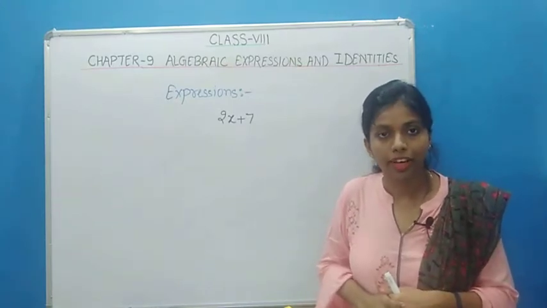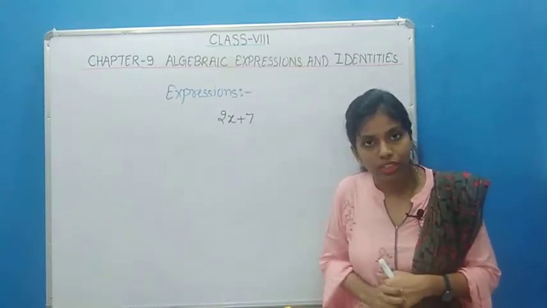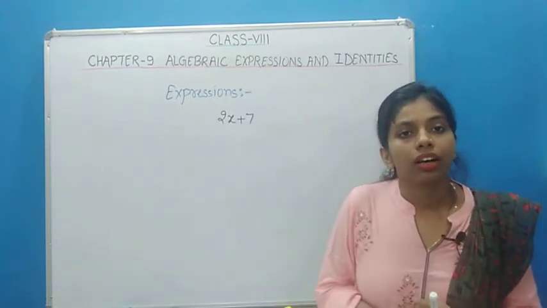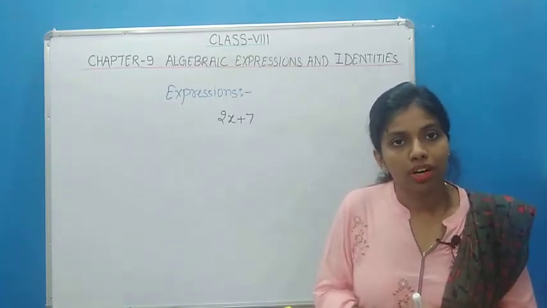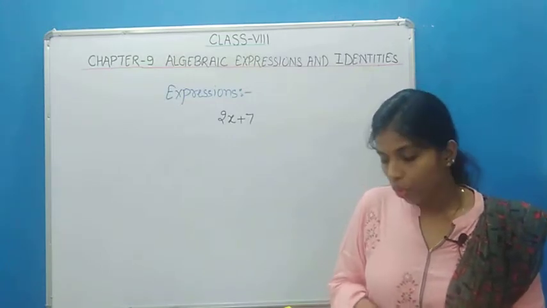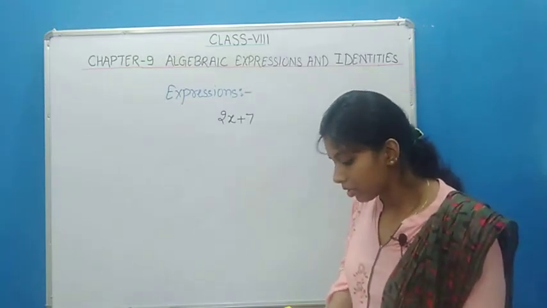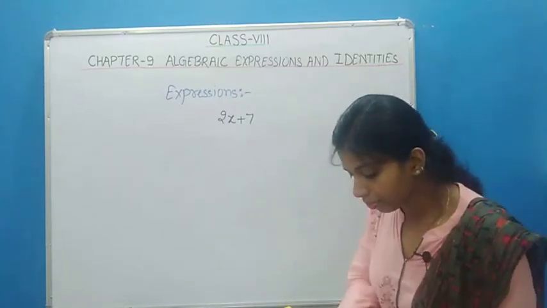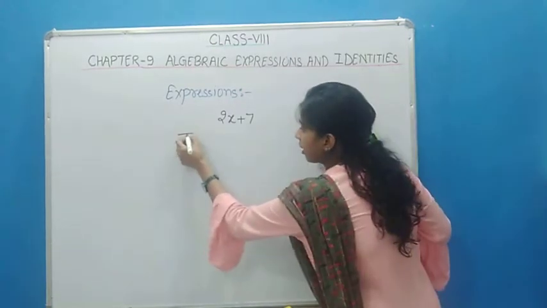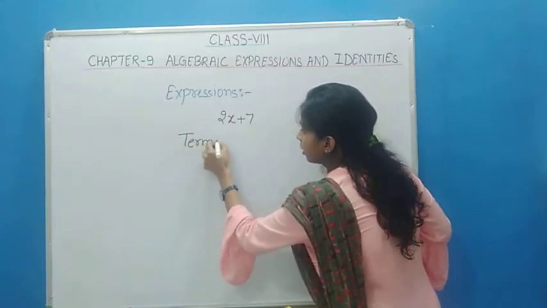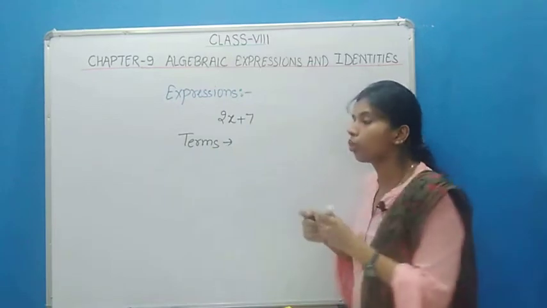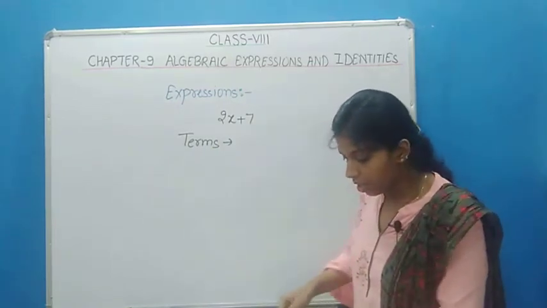be changed. After that we're going to discuss some important points used in any expression. First is terms. Terms in any algebraic expression are, like for this same algebraic expression, there are two terms used.